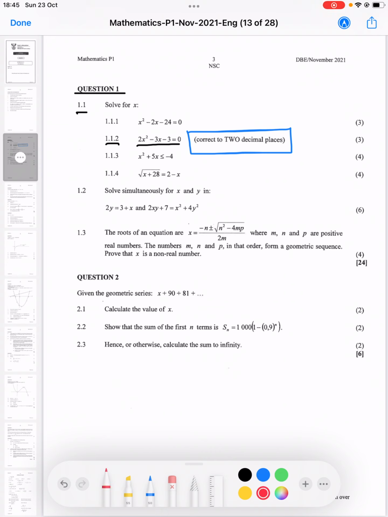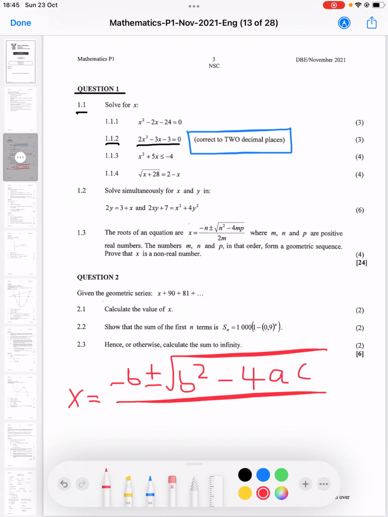This formula is x equals negative b plus or minus square root of b squared minus 4ac, all over 2a. Where does this formula come from? This is where it comes from.